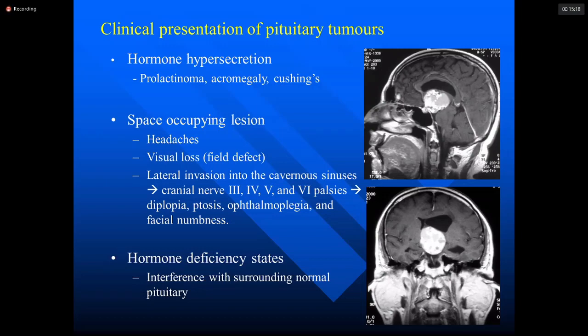When it compresses the optic chiasm, there will be a visual field defect. And it could actually be expanding laterally into the sinuses and compressing some of the cranial nerves which are present in the cavernous sinus, like the 3rd, 4th, 5th, and 6th nerves, and causing palsies.